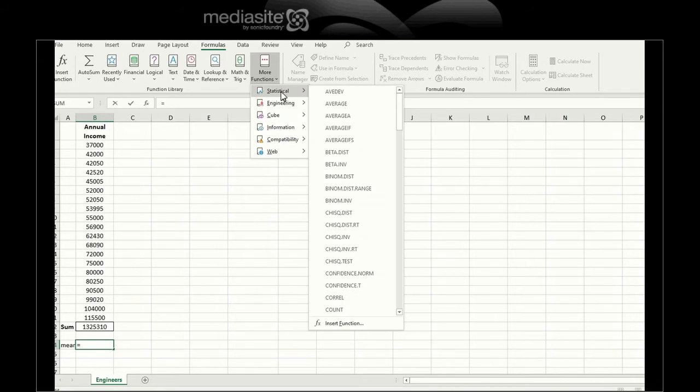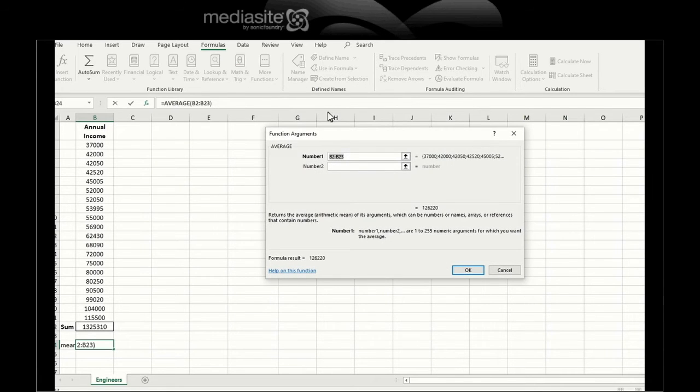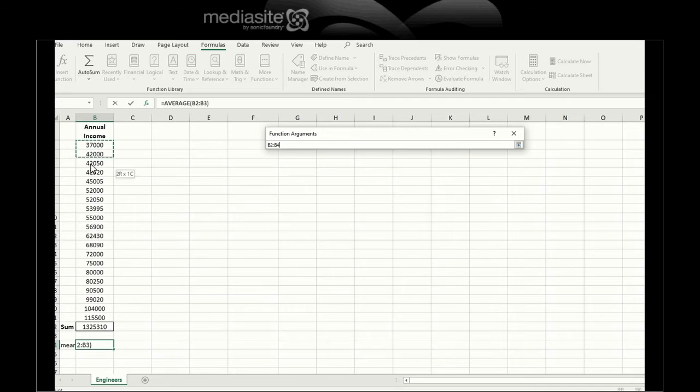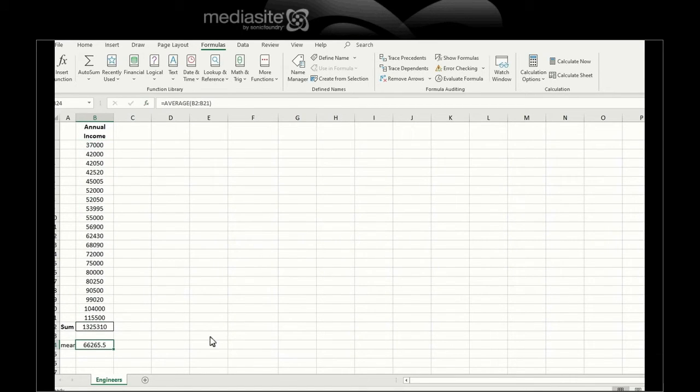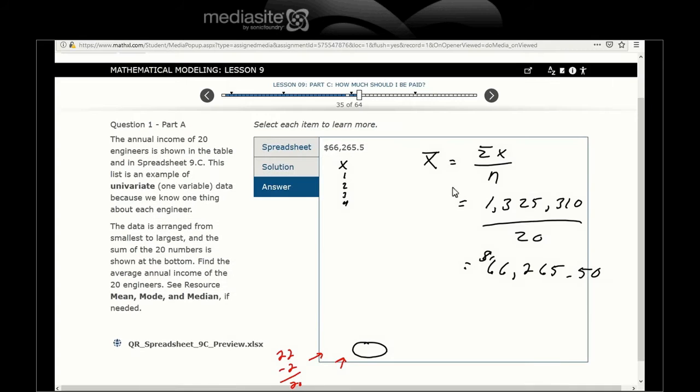It's a statistical thing, and find an average. Average of what? Of all that. Got the same thing. Or equal, what? The sum divided by 20. All the same thing. Same way of getting the same answer. All right.